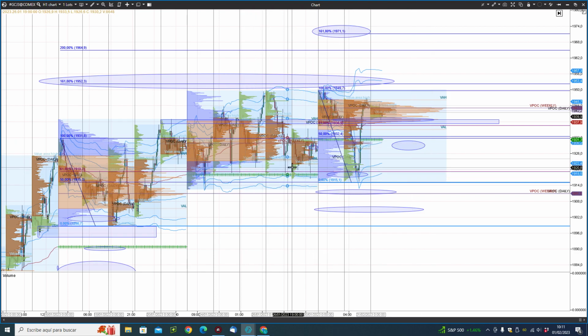Then we have this zone 1918. Okay, and this lost naked weekly VPOC at 1911. Remember that gold is the typical instrument that has great moves on the day of the decisions of interest rates. So beware with gold today.